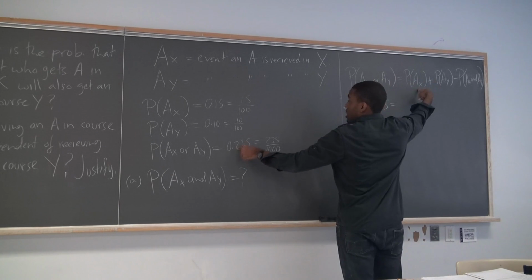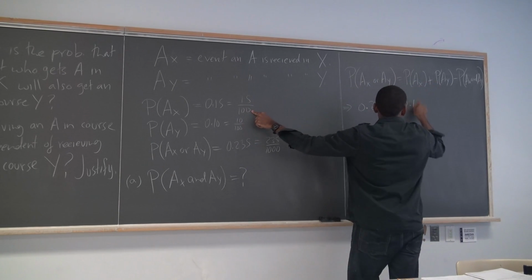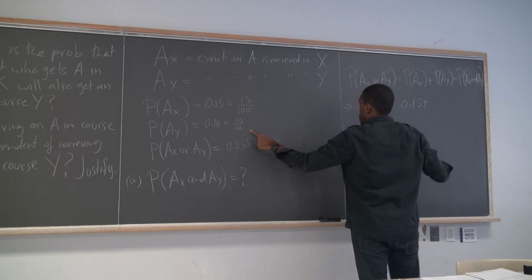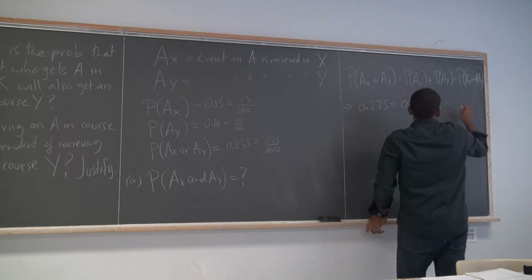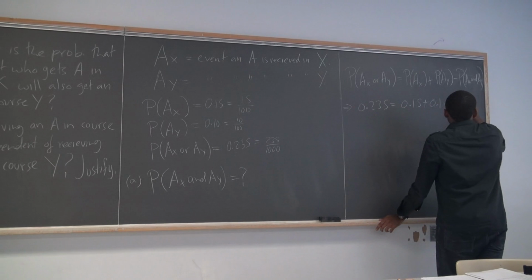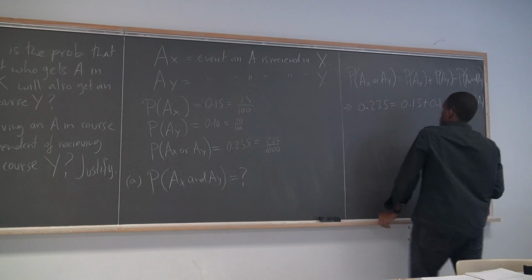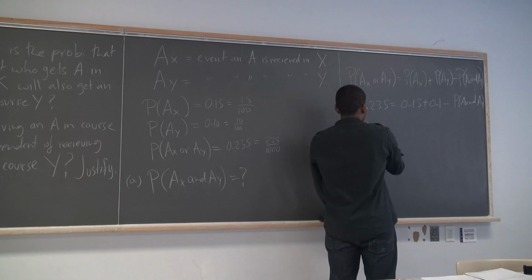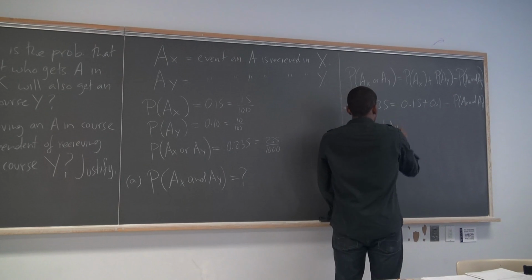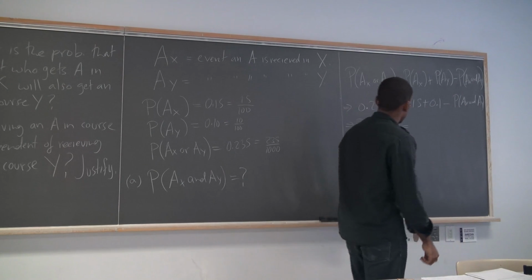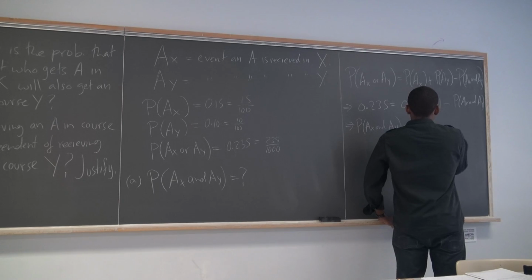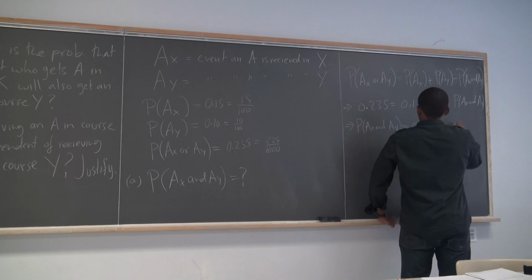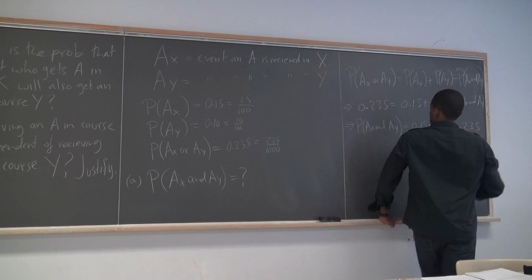P of AX I know is 0.15. P of AY is 0.1. Minus P of AX and AY, which means that P of AX and AY is equal to 0.15 plus 0.1 minus 0.235.